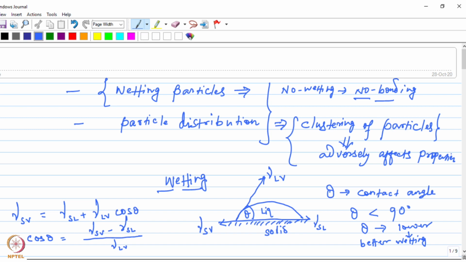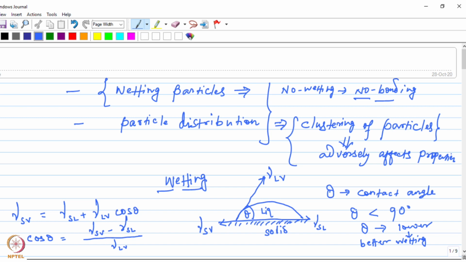So this is the first requirement for a bond between the particle and the metal to form. Okay, unless and until the liquid wets the solid particle surface, the bond between them will not form. Okay, and in order to ensure a good bonding, the contact angle has to be less than 90 degree. So when you select a reinforcement material, this is also one aspect which has to be looked at as to what kind of material you are talking about and what will be the contact angle of that material with liquid aluminium.